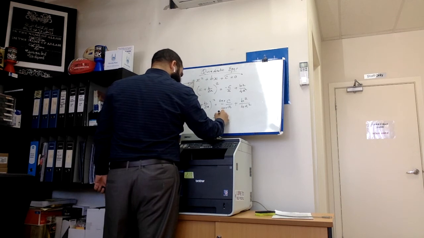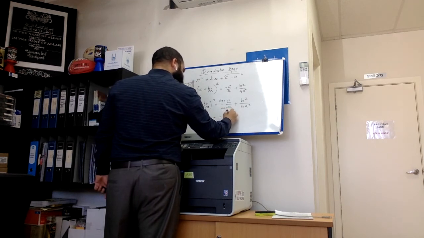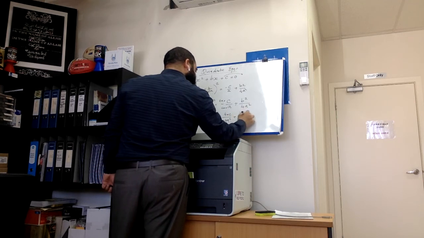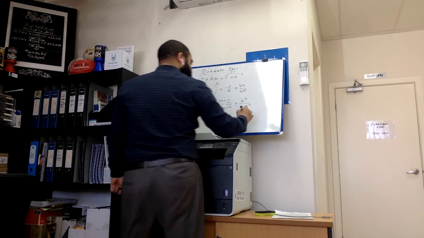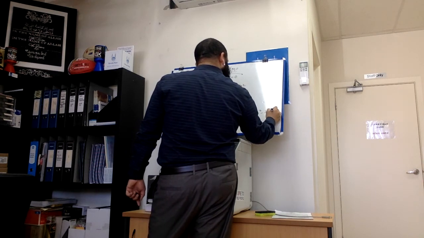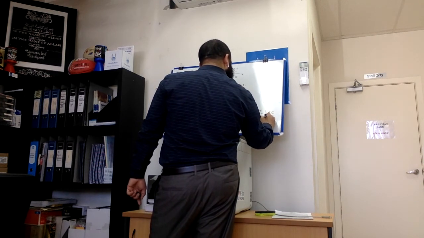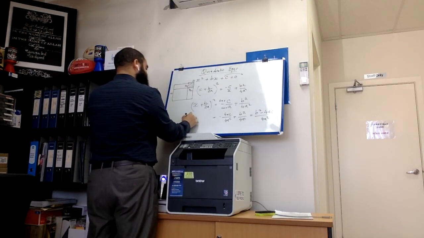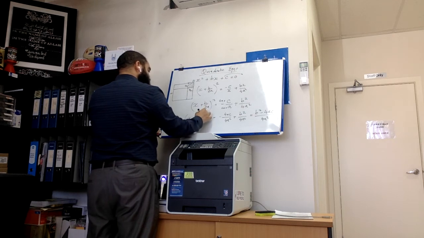So this will be negative 4ac over 4a squared, plus b squared over 4a squared, which is equal to b squared minus 4ac all over 4a squared. And all of this is x plus b over 2a all squared.